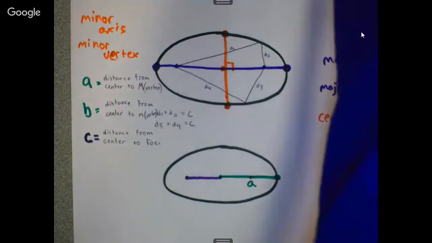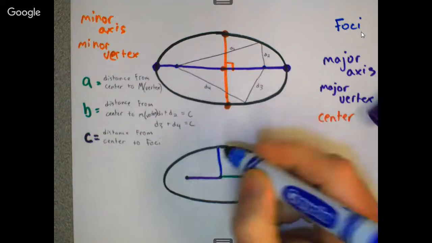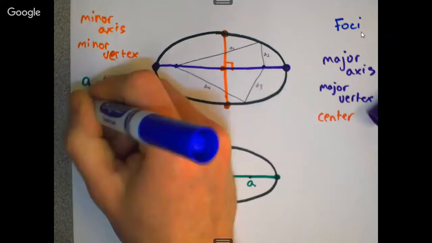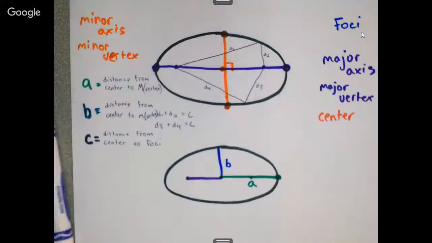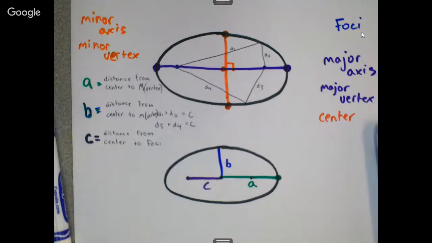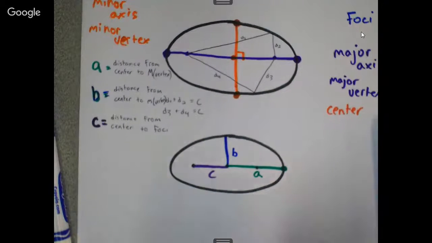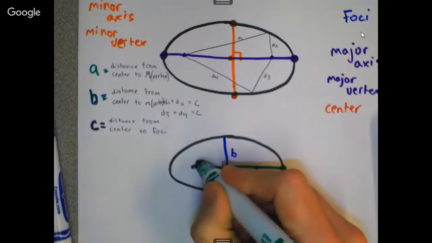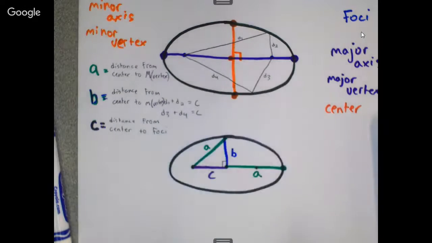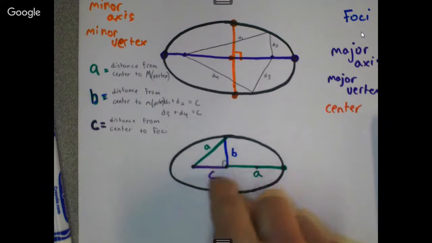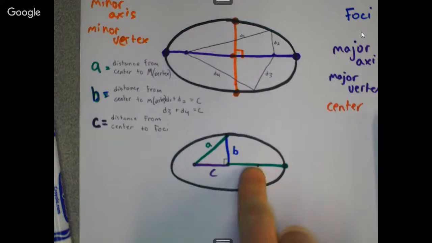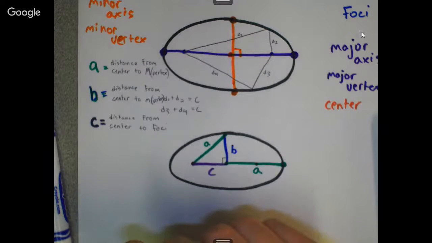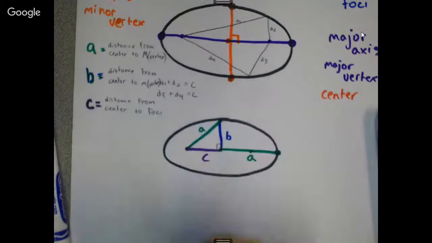Okay, so how about blue? Now this creates a right angle right here. And in fact, this distance right here is also important. That is also A. Okay, so we'll be using the Pythagorean theorem to find out A, C, B, any of those. So make sure you remember the Pythagorean theorem.